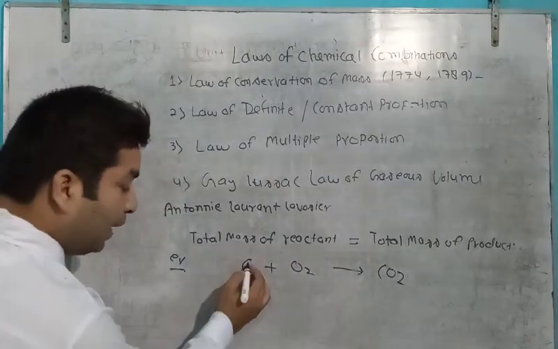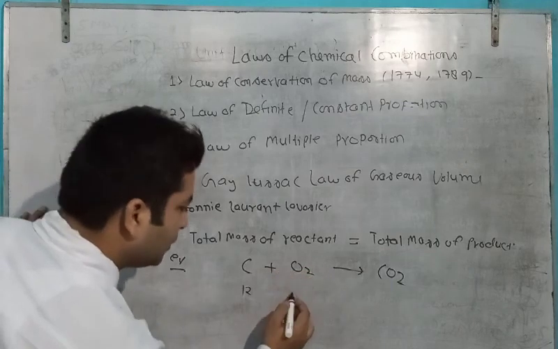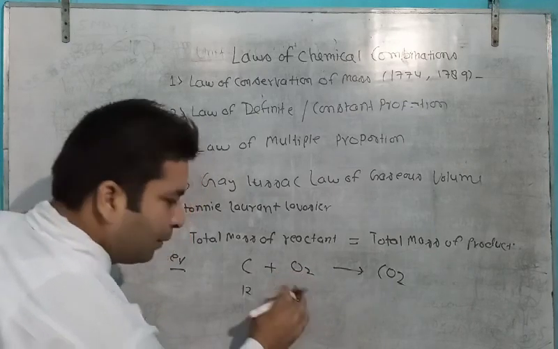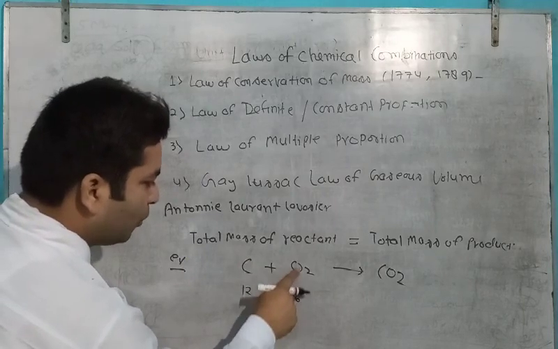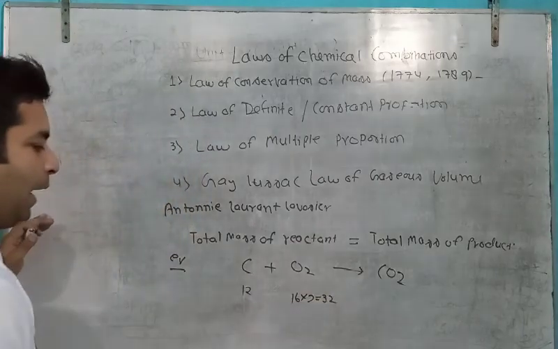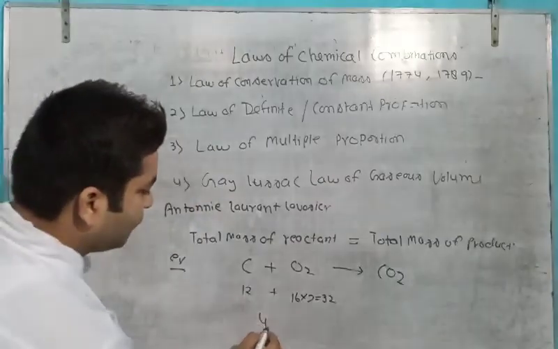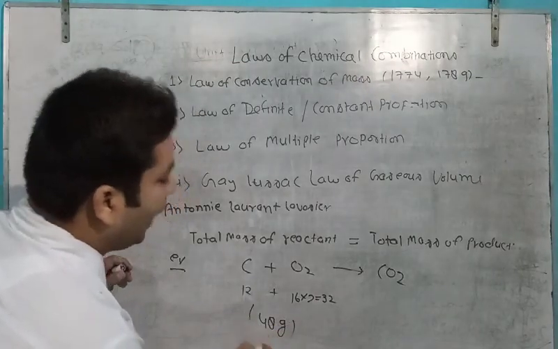Now the atomic mass of carbon is 12, and what is the atomic mass of oxygen? Here there are 2 atoms of oxygen, and one atom of oxygen has mass 16, so 2 atoms will be 32. Adding, the reactants total 44 grams.